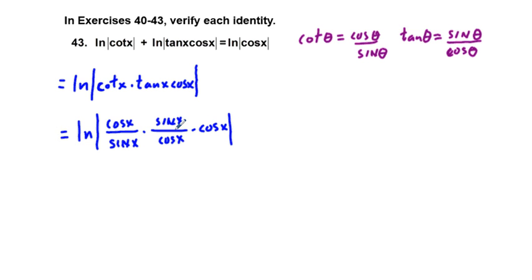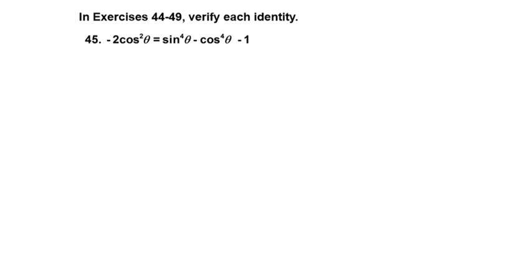And now we have our simplification. Sine x over sine x cancel to equal 1, cosine x over cosine x cancel to equal 1, and we have left ln, natural logarithm of what's left, cosine x, which equals the right side. Check, we verified this identity. Go on to problem 45.